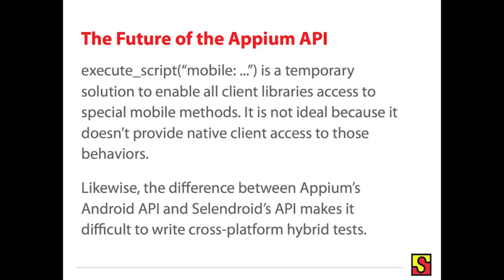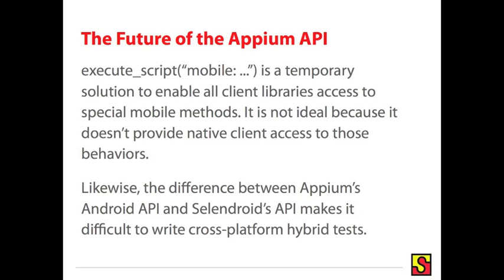Another issue is that the Selendroid integration that I mentioned earlier enables the use of Webviews in automation and enables automation of older Android devices. The fact that they have slightly different APIs makes it difficult to write cross-version tests or cross-platform hybrid tests.